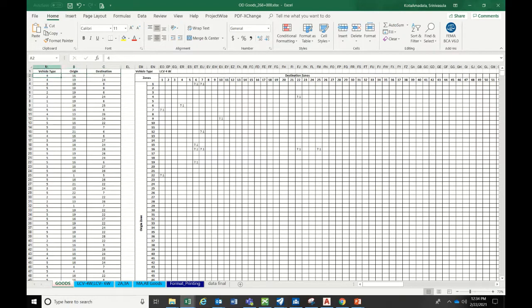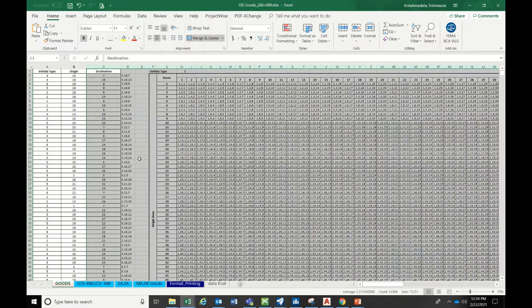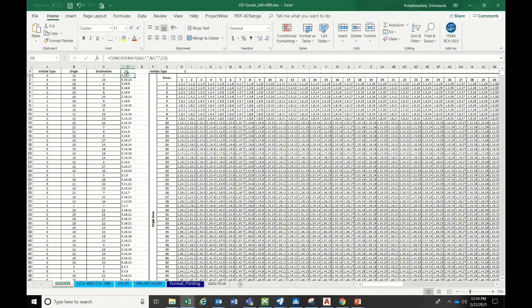First you have to enter the vehicle type and the origin and destination. That's simple. And then, can you see, you just have to concatenate these three. 4 is the vehicle type, 16 is the origin, and 7 is the destination. That's it.